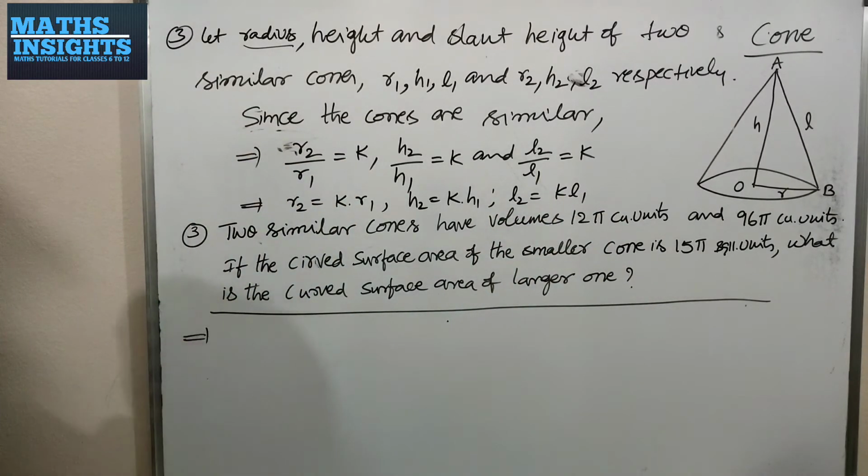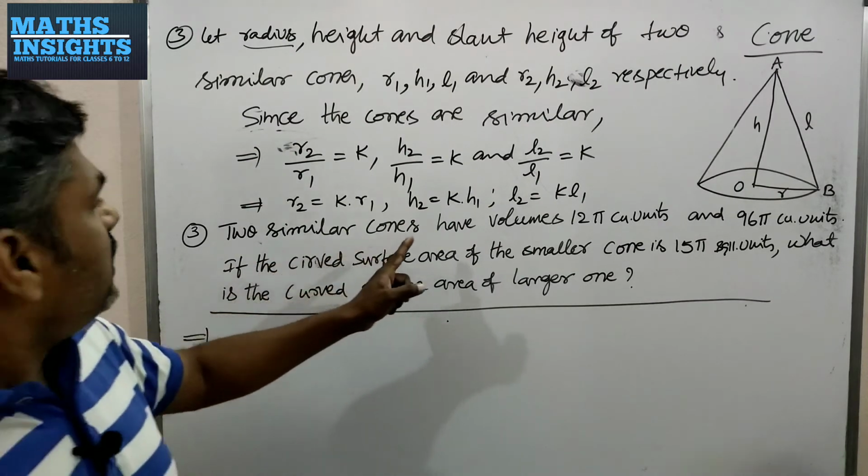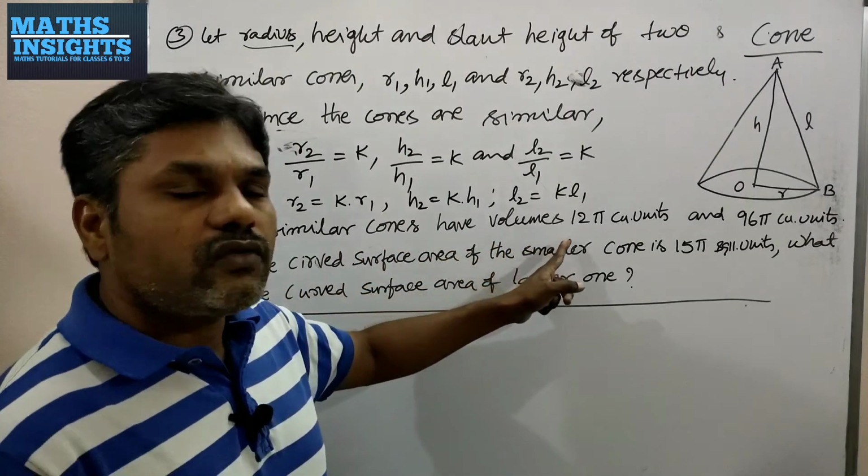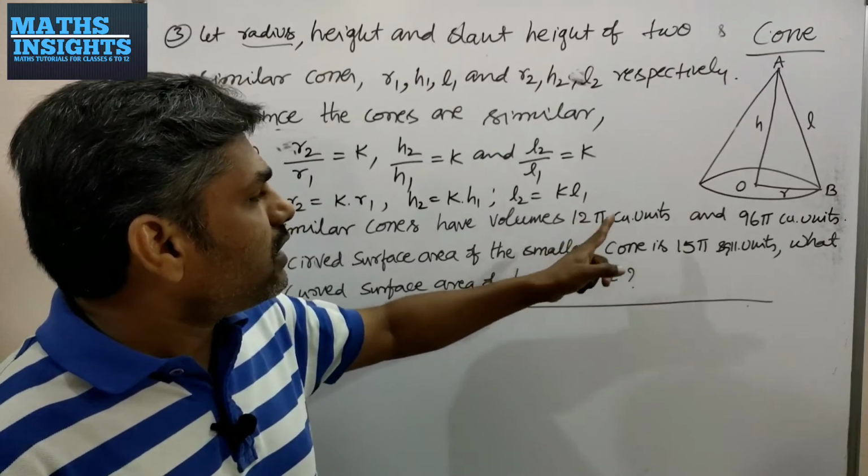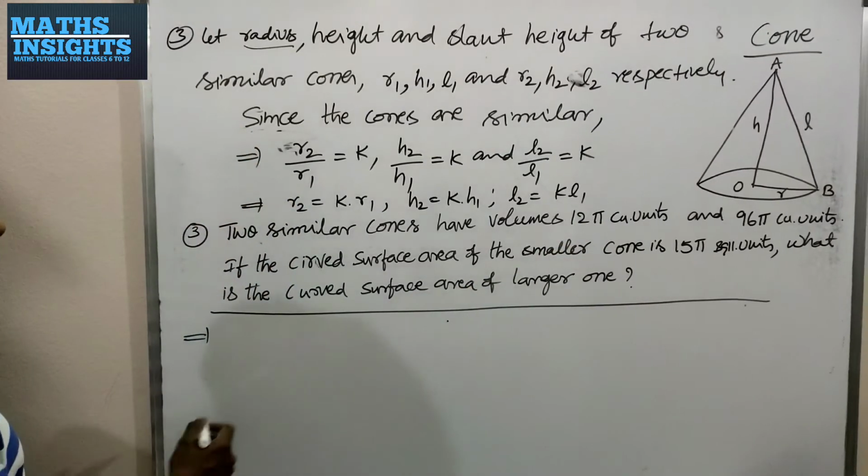Now they have given the data that the similar cones have volumes 12 pi and 96 pi. What is the formula?